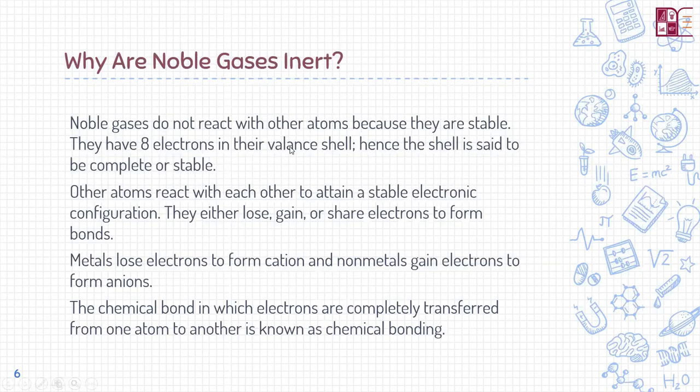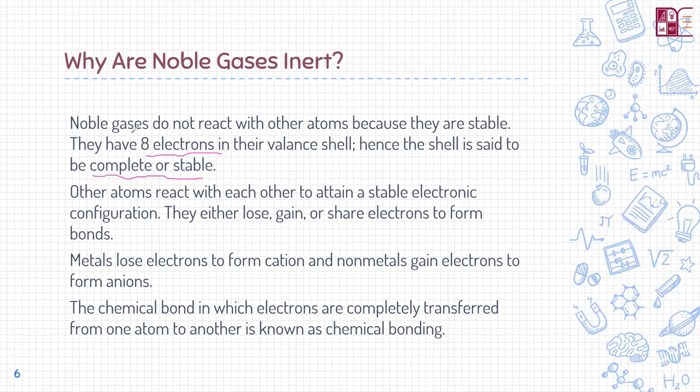Now, this I have shared earlier in my first slide as well, that if the atoms do not have the noble gas configuration, which is either 2 or 8 electrons in the valence shell, they are not complete and they are unstable.